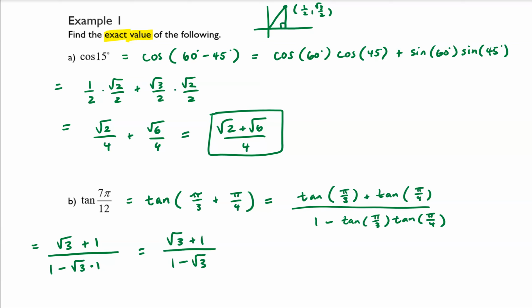And I want to get the square root out of the denominator and rationalize. So the way that I'm going to do that is I'm going to multiply both the numerator and the denominator by 1 plus the square root of 3.